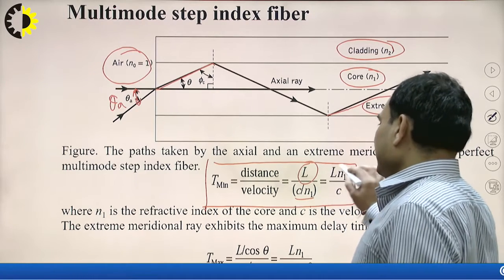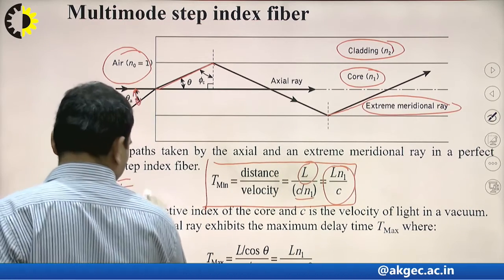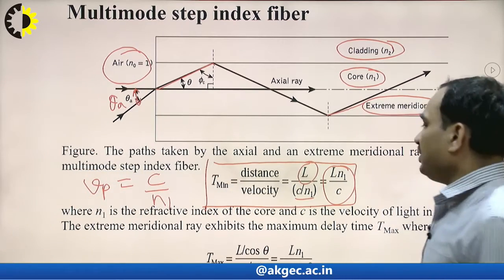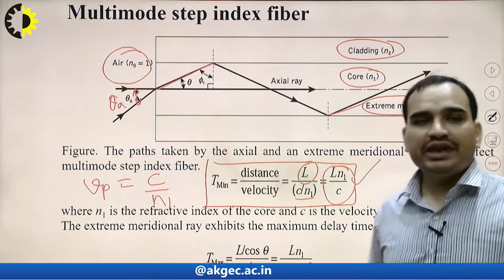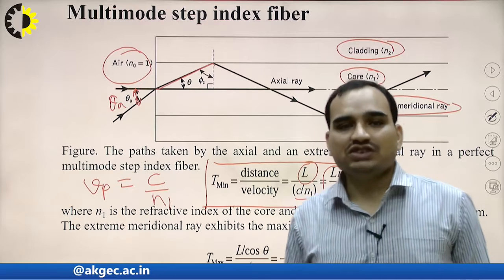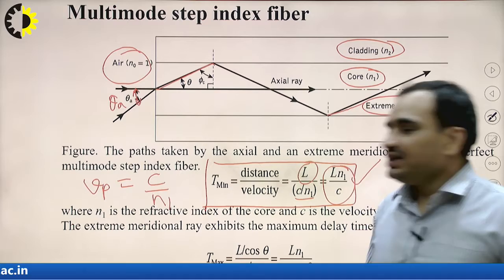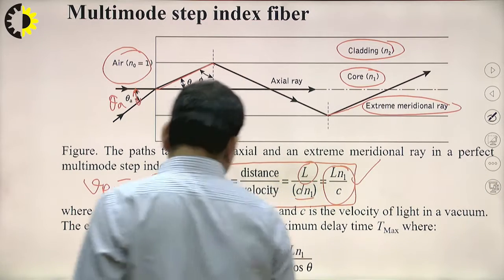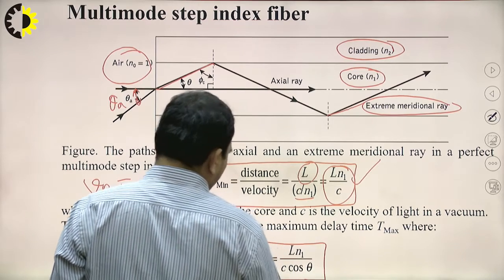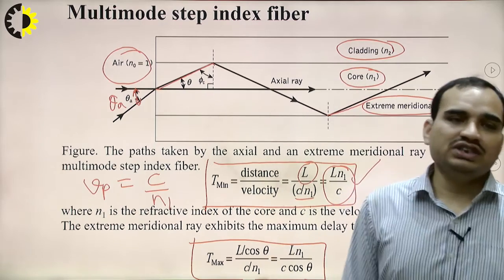So the minimum time is L n1 by c, where n1 is the refractive index of the core and c is the velocity of light in a vacuum. The extreme meridional ray exhibits the maximum delay time, given by L by cos theta divided by c by n1, so we get L n1 by c cos theta.